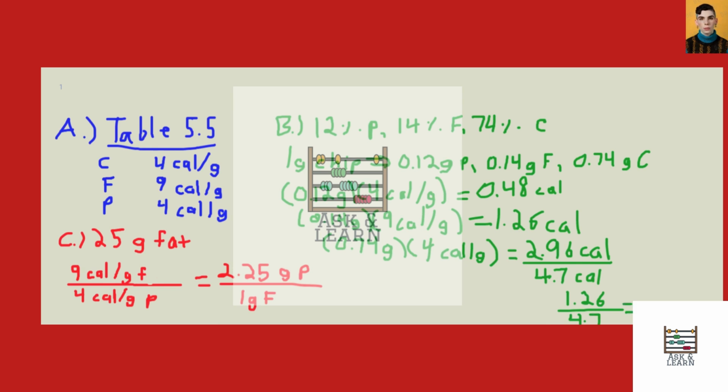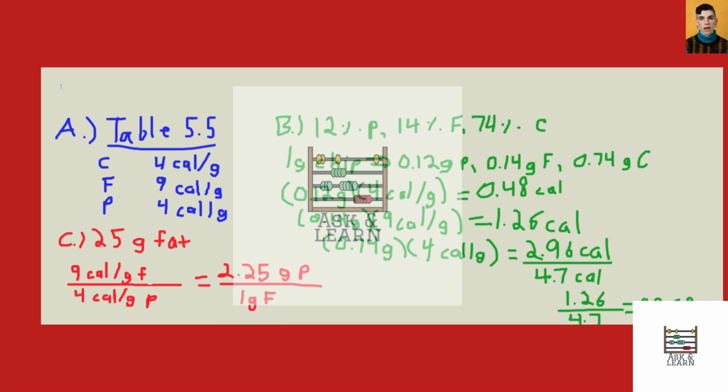Divide that, and now we have that the amount of energy we're getting from the fat in our chip is going to equal 0.268 or 26.8%.